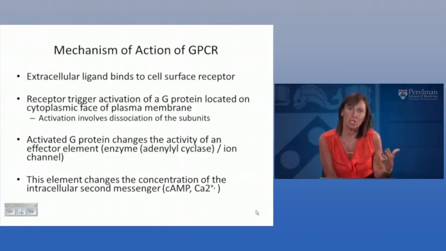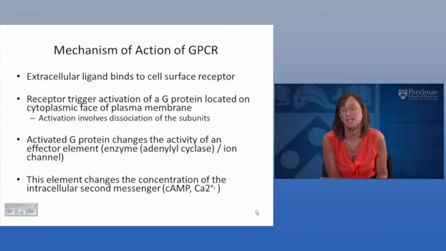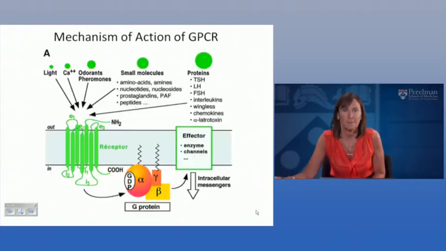So following activation of the G protein and altering the activity of the effector element, the enzyme or the ion channel, this causes a change in the concentration of an intracellular second messenger, such as an increase in intracellular calcium, an increase in cyclic AMP, etc.